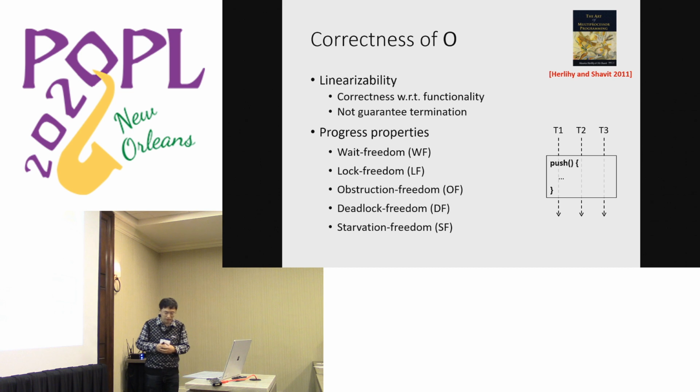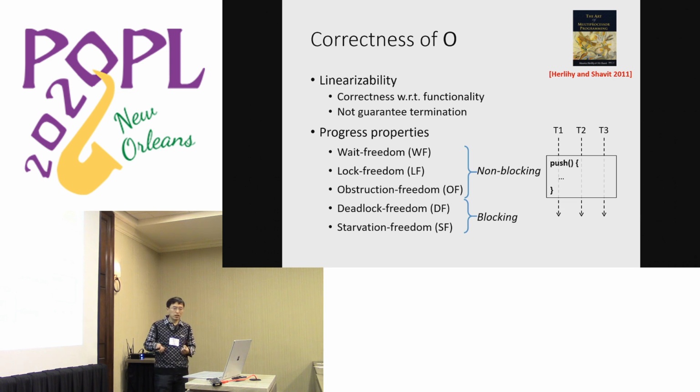But in a concurrent setting, it's a lot more complicated because the behavior of a thread could be affected by the behavior of the other threads. That's why, if we look at the literature, there have been many different variations of progress properties proposed. You probably have heard that the first three describe non-blocking algorithms, and the last two specify so-called blocking algorithms.